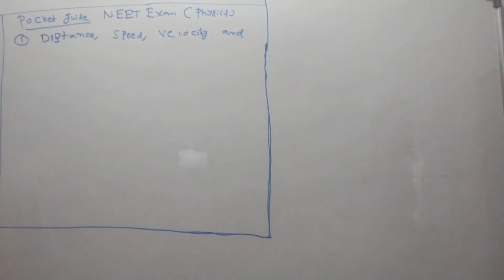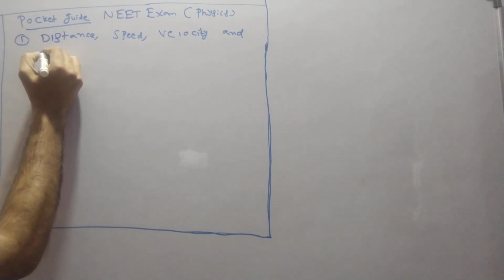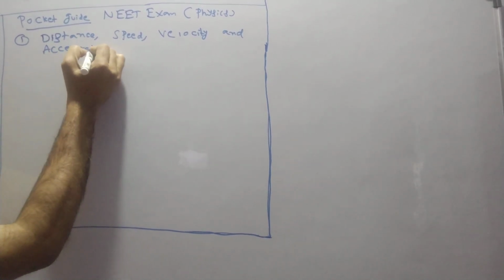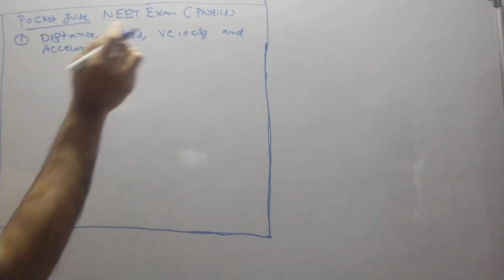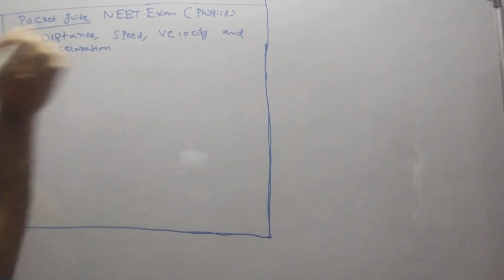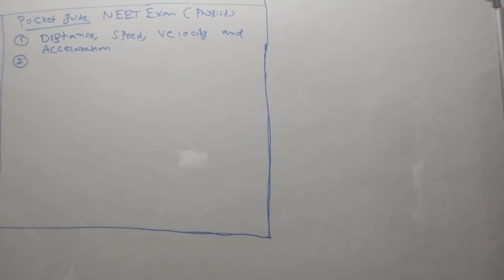So whenever the motion of the object is in a straight line, these words will come. These are our first point in our pocket guide.